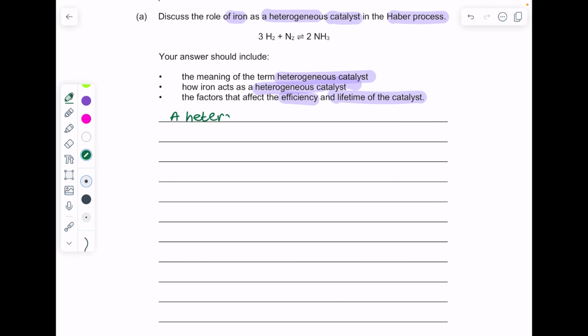Remember that a heterogeneous catalyst is in a different phase or state from the reactants. Let's define both words. So what is a catalyst?